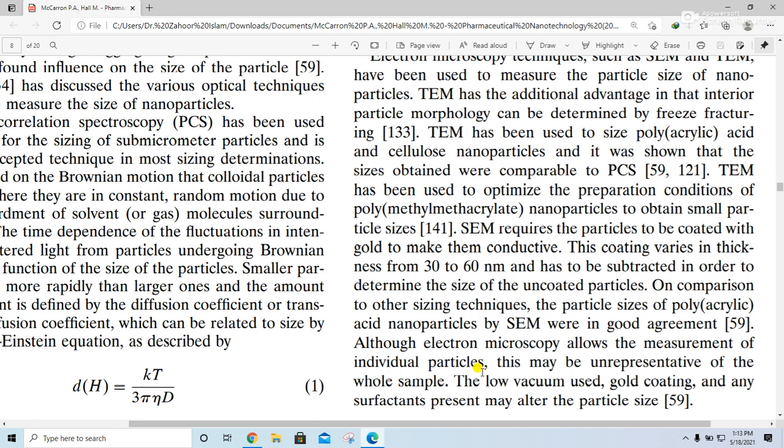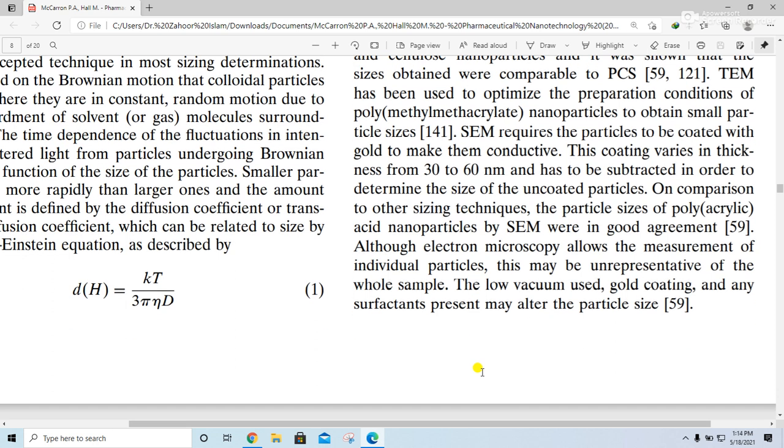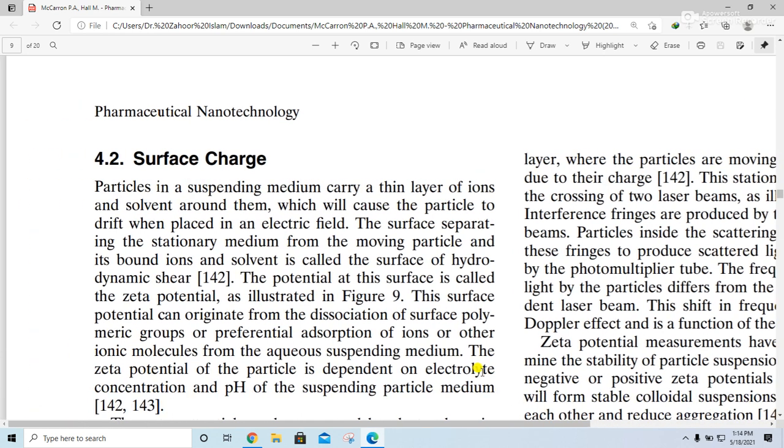Although electron microscopy allows the measurement of individual particles, this may be unrepresentative of the whole sample, and the low vacuum used, the gold coatings and any other surfactant present may alter the particle size.